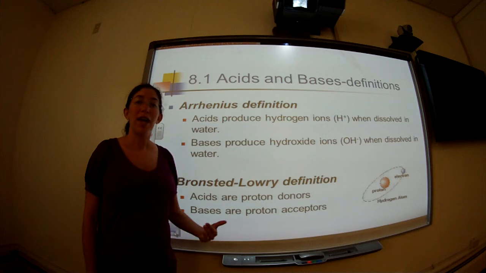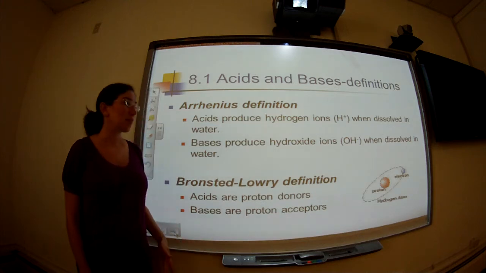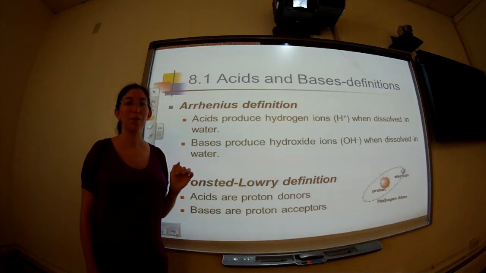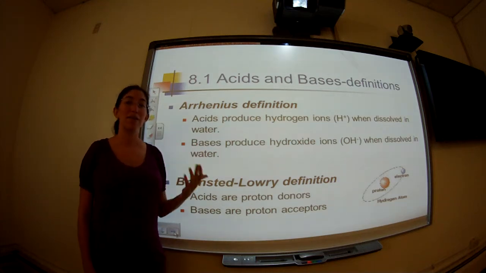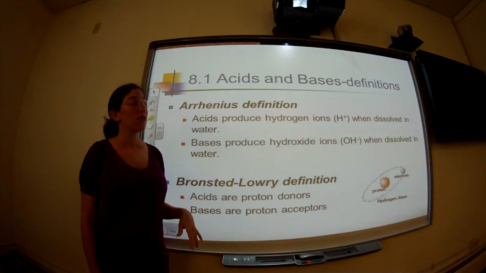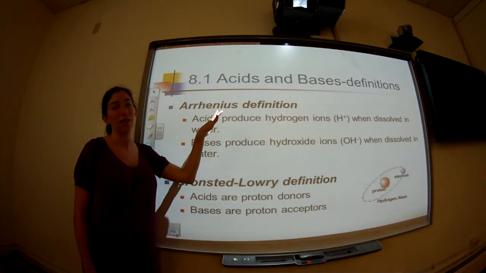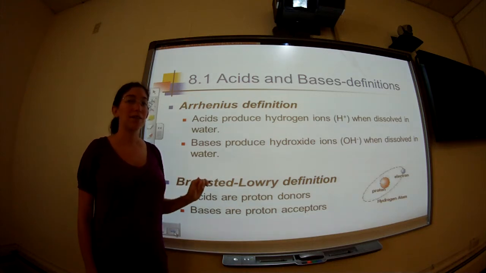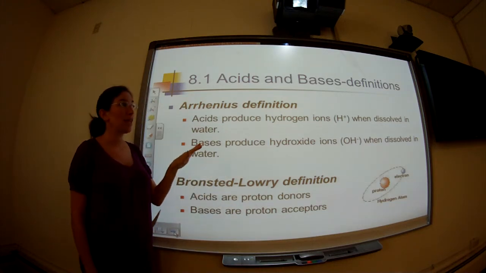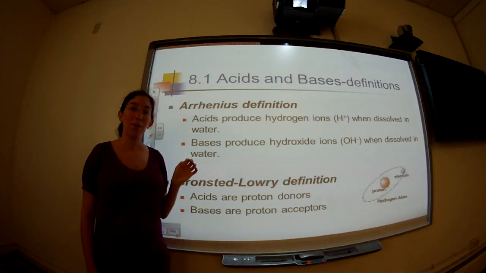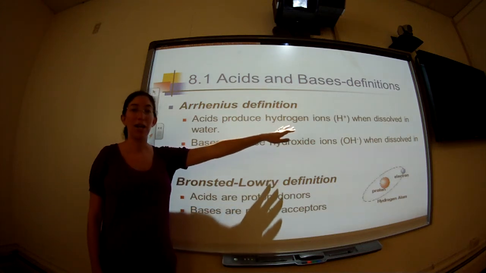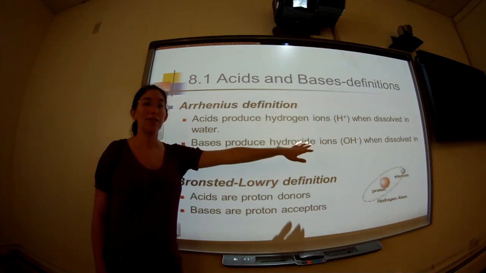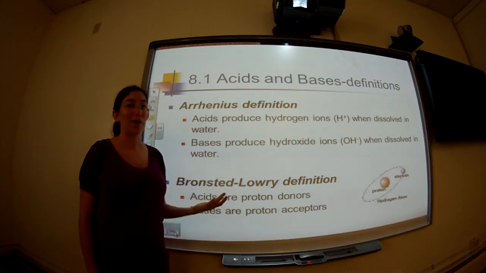So what are the chemistry definitions of acids and bases? Well, there are 2 different scientists, or groups of scientists, who defined acids and bases differently. There's the Arrhenius definition of acids and bases, and there's also the Bronsted-Lowry definition. According to Arrhenius, an acid is any chemical that produces hydrogen ions when mixed in water, and bases produce hydroxide ions when mixed in water.